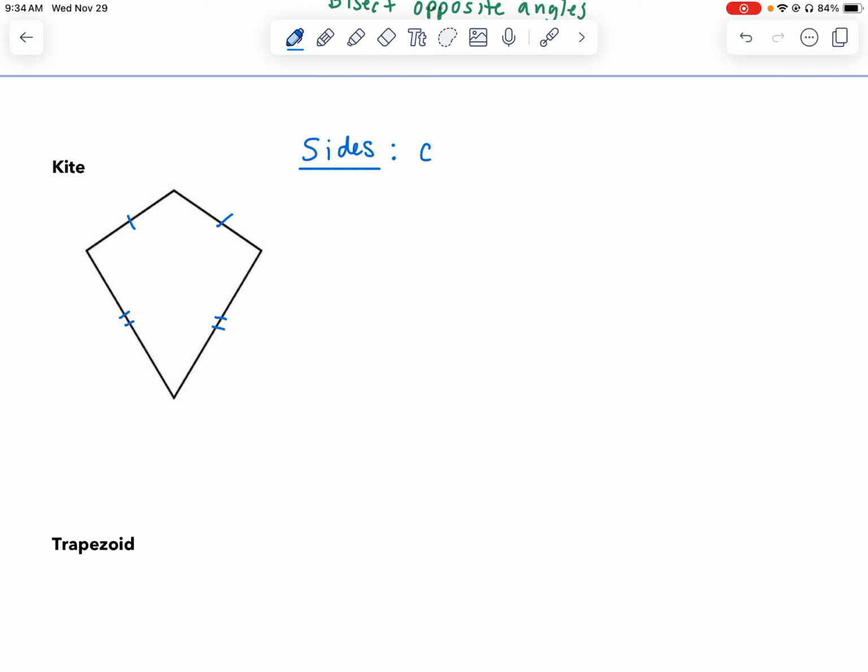So we will say that the consecutive side pairs are congruent. That's what you know about the sides of a kite. They are not parallel to each other, but we do have two different pairs of sides that are congruent to each other.